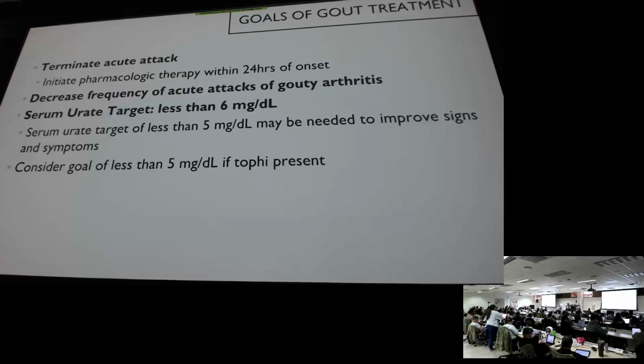We want to get that serum urate below 6, and you need to know that if tophi are present when they have that acute gout attack, then we may consider going all the way down to below 5. Improving the signs and symptoms: always 6, maybe 5 if tophi are present. So goals: get them out of the acute pain, control the pain and inflammation, see how often it happens again, and then consider lowering their serum urate levels.